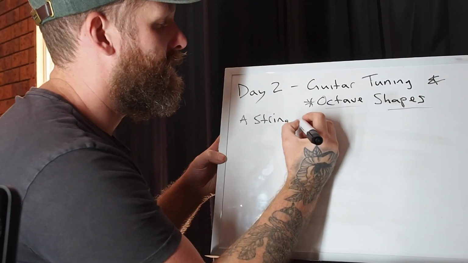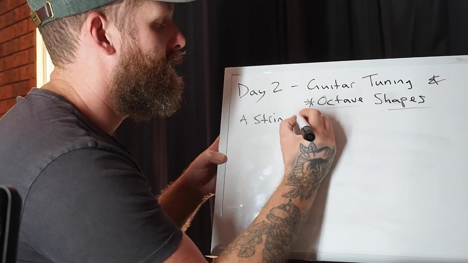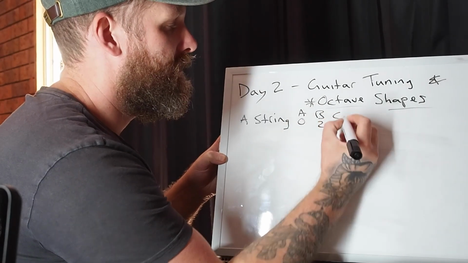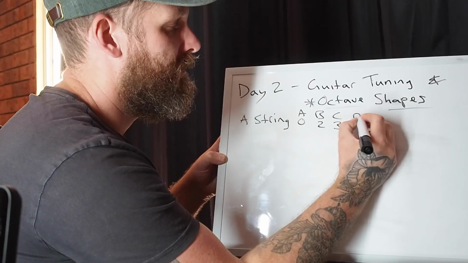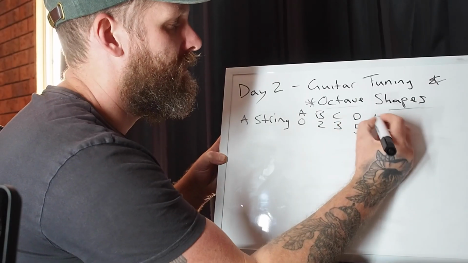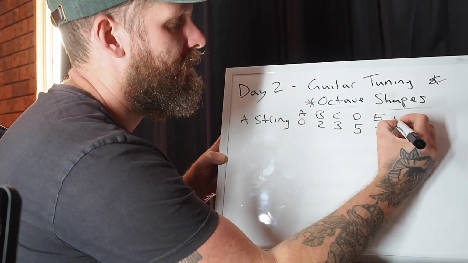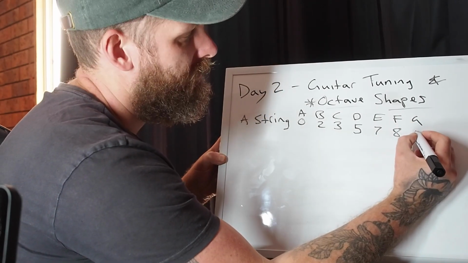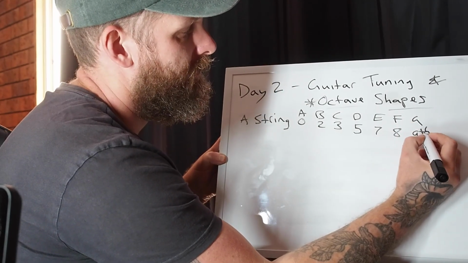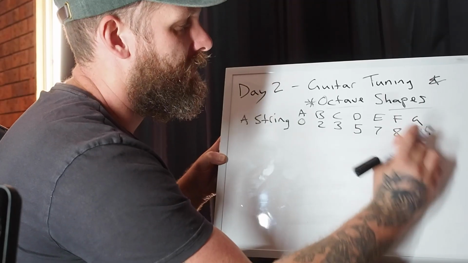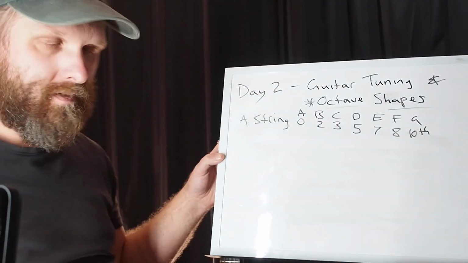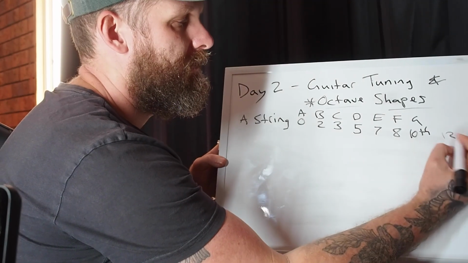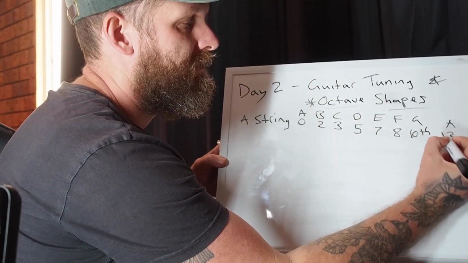A string, so open, B, 2nd fret, C, 3rd fret, D, 5th fret, E, 7th fret, F, 8th fret, G, 10th fret, and then the 12th fret is obviously A again.